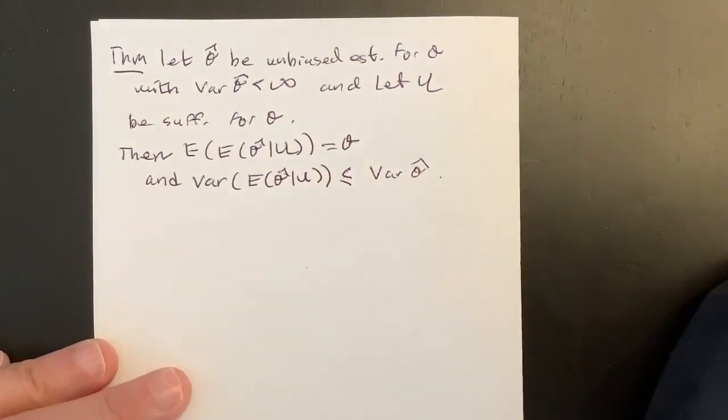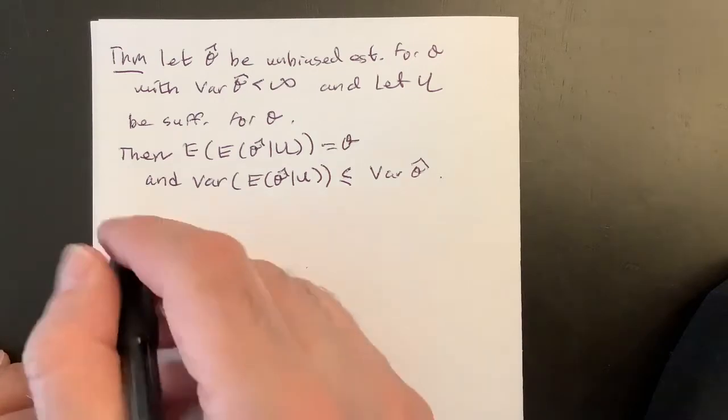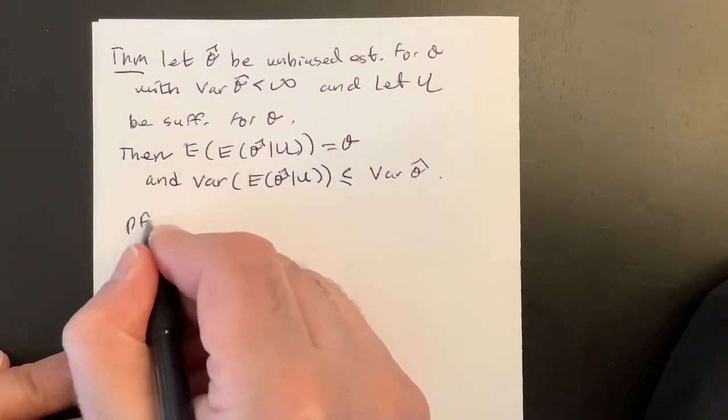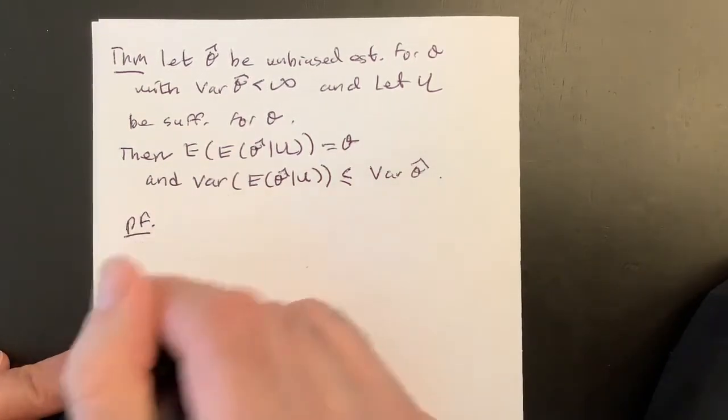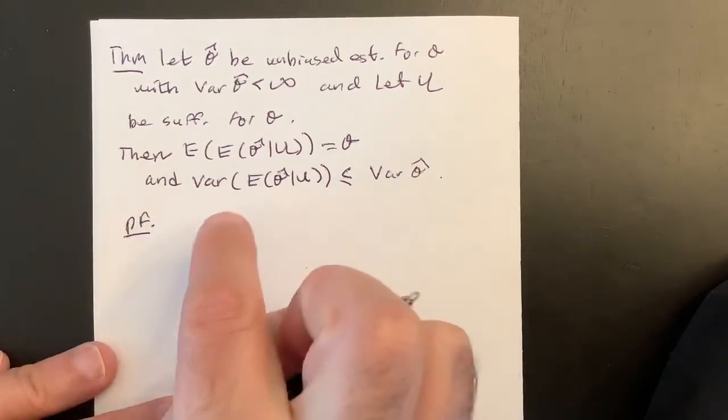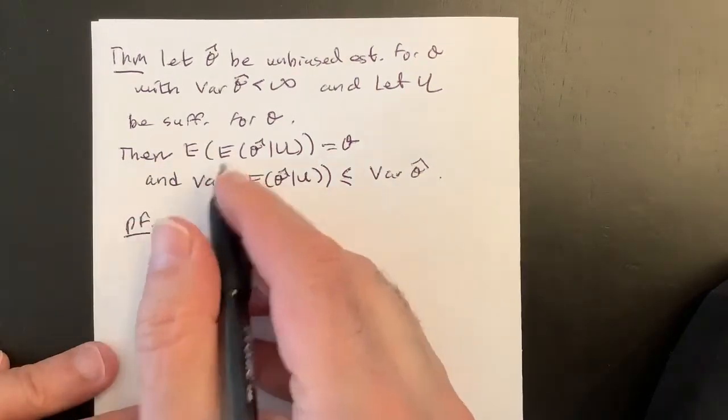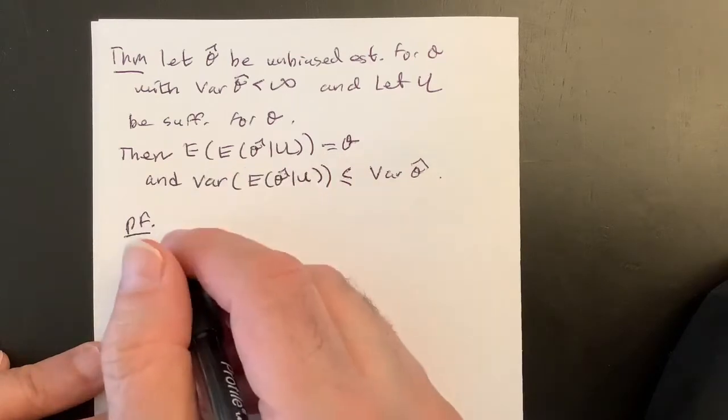Now, could you do the proof? Yes. The proof's not hard. It is just using each of the properties for each result. The first one results from property one.